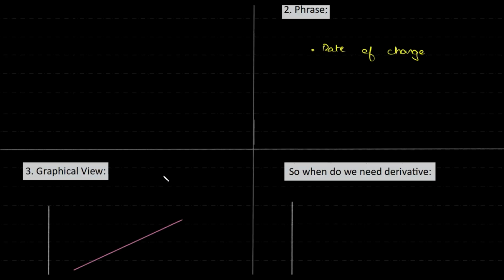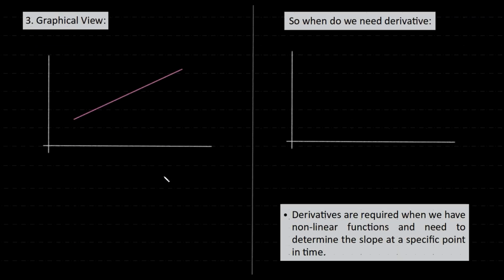Okay? Now graphically, if we recall, if I have to figure out the slope of a line, all I have to do is take a point. So this is 4 and the respective horizontal, that is the y component, say this is 3, and say another line and the respective y component.